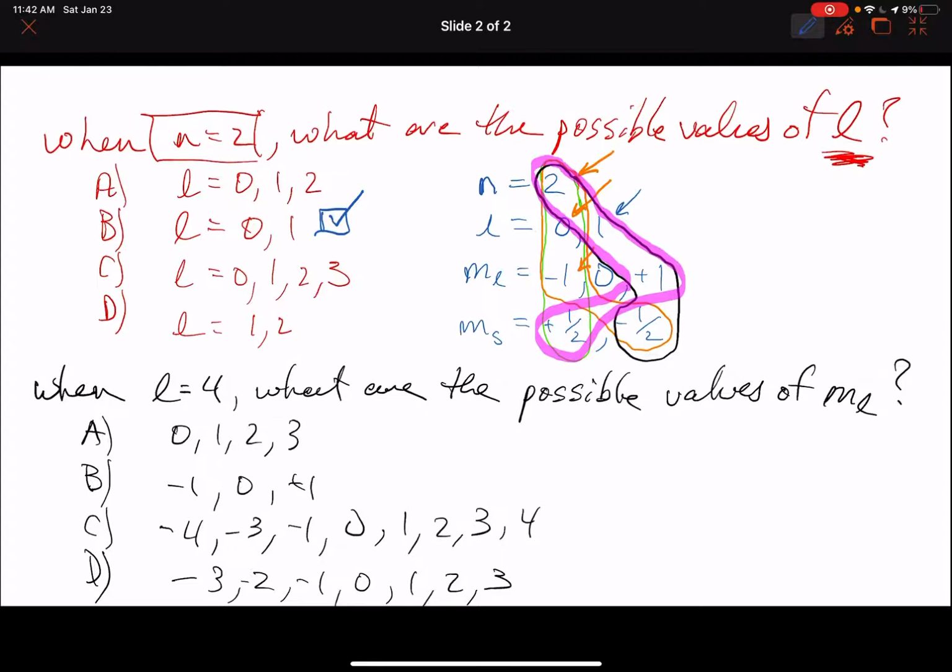Okay, so we know from our rules for what allowable options are for M sub L, that M sub L is framed by the positive and negative limits that are determined by L. So M sub L is allowed to start as low as the negative value of L and must walk up in integer values, including 1 and including 0.